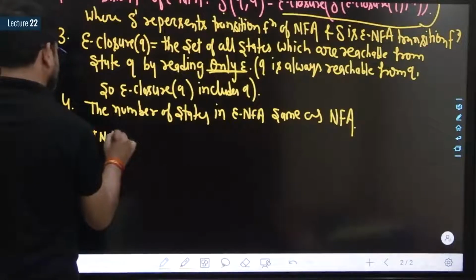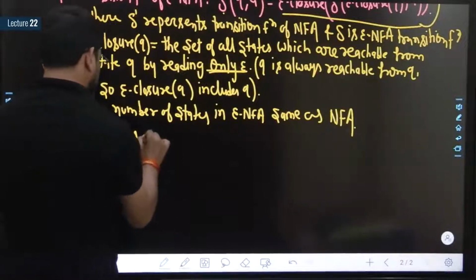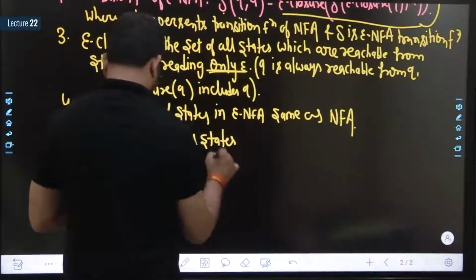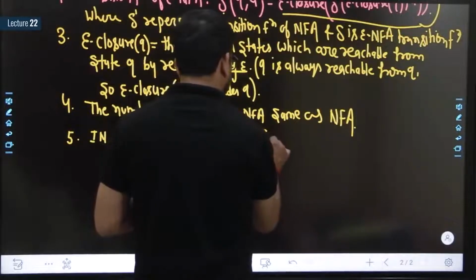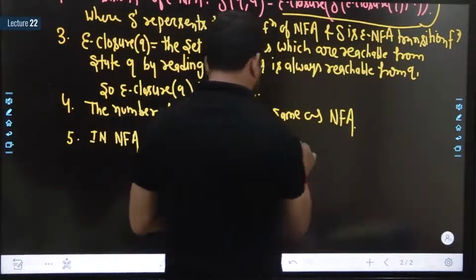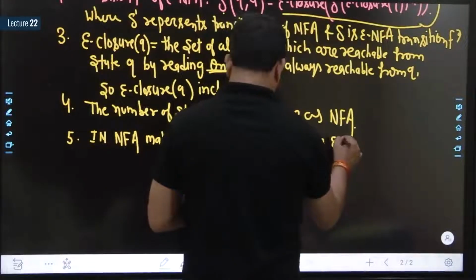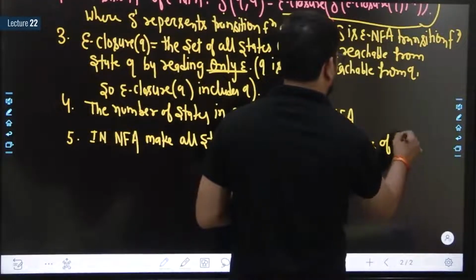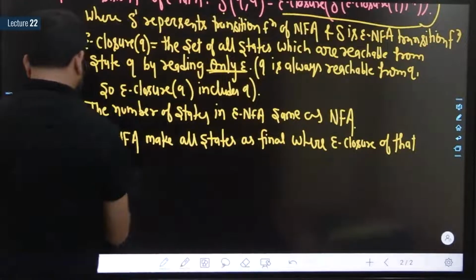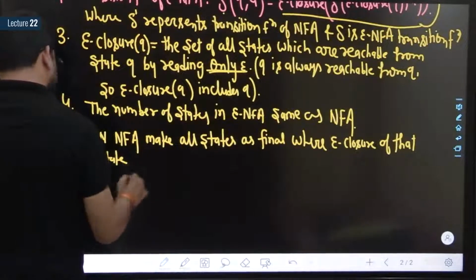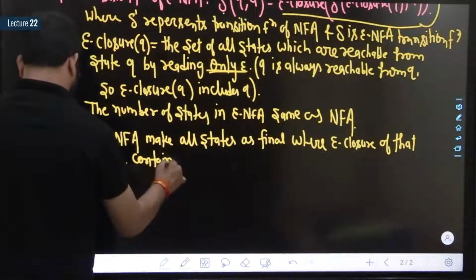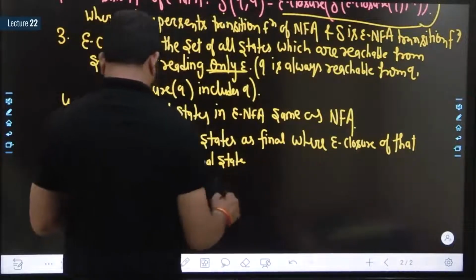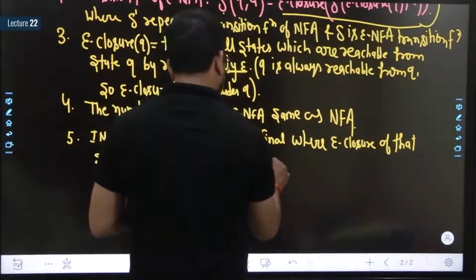In NFA, make all states final where the epsilon closure of that state contains a final state of Epsilon-NFA.